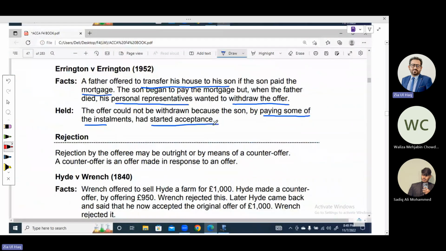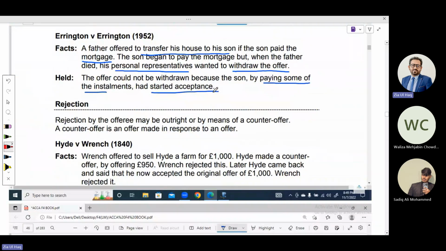Let's discuss a case. Arrington versus Arrington, 1952. A father offered to transfer his house to his son if the son paid the mortgage. The father offered to his son, I will transfer this house to your name if you pay the mortgage of the house. And the son began to pay the mortgage.